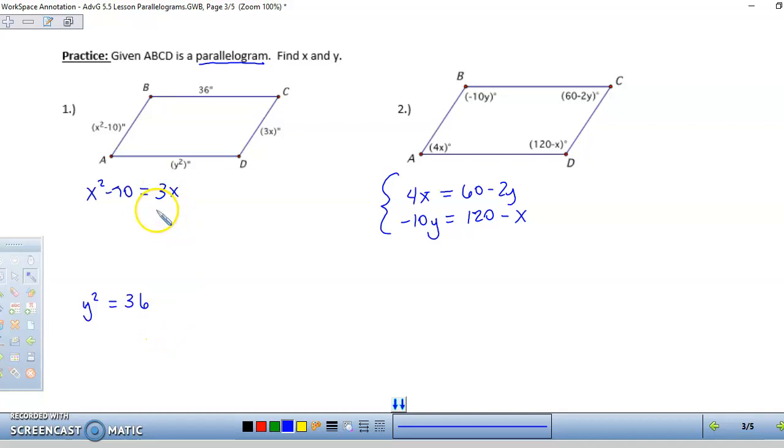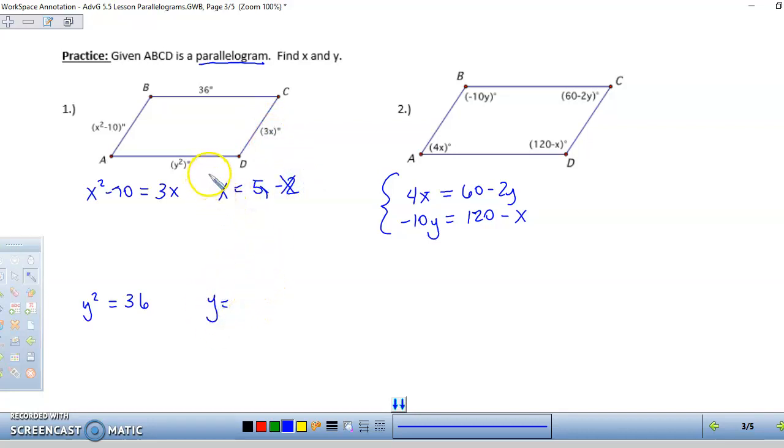Okay, welcome back. I'm not going to go through the gory details here, but you should get x equals 5 or negative 2. However, when you plug back into the picture, you need to double check that both work. When I plug in the 5, I get 15 here, and here I get, excuse me, 25 minus 10, which is also 15, so that one works. If I plug in the negative 2, I get a negative 6 length, so that does not make sense.